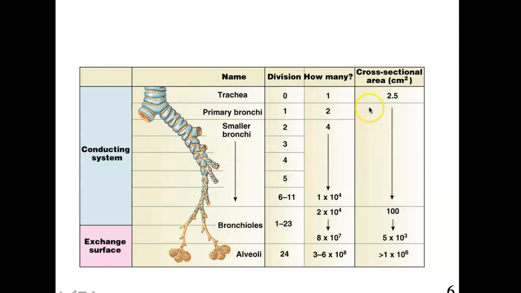If you were to take a cross-sectional area, in other words, get all the primary bronchi, there are only two, and cut it like this, how big is it? It's 2.5 centimeters only squared. But once you get into the alveoli, this branching is so extensive that it's provided a big surface area for exchange.